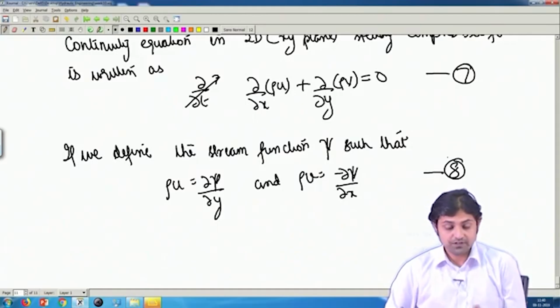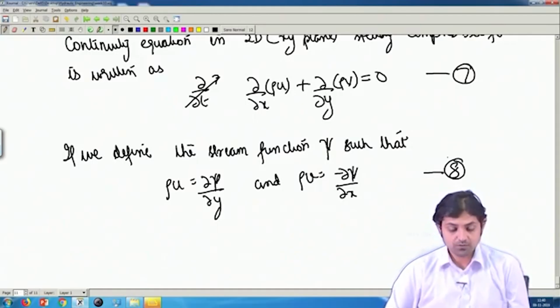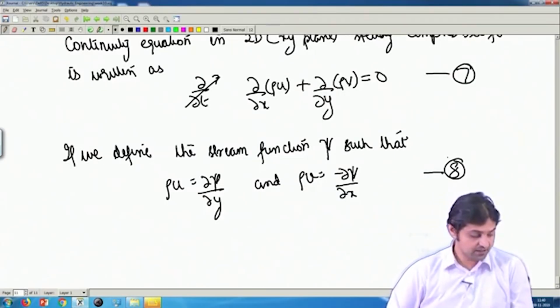So we have written the continuity equation in 2 dimensions, and we are defining a function which we will call the stream function such that it satisfies rho u is equal to del psi by del y and rho v is equal to minus del psi by del x.